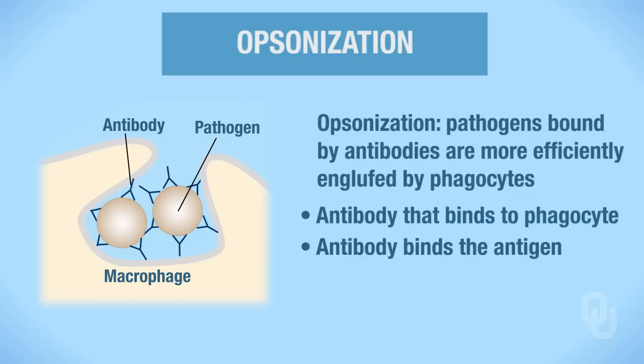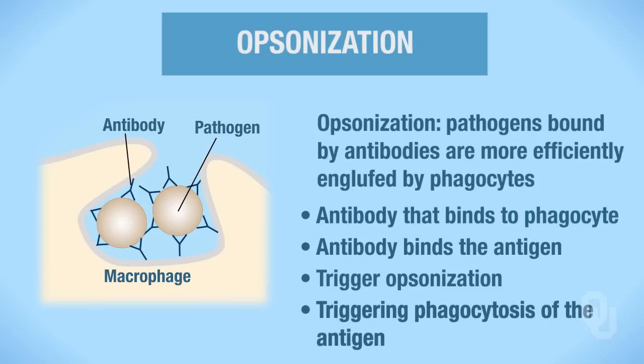And what that's going to do then is trigger opsonization. In other words, this is triggering phagocytosis of the antigen. All right, and if you recall from earlier, opsonization enhances phagocytosis. So it's a lot quicker. Makes sense if you want to phagocytose a pathogen, because you want to start killing off those pathogens.